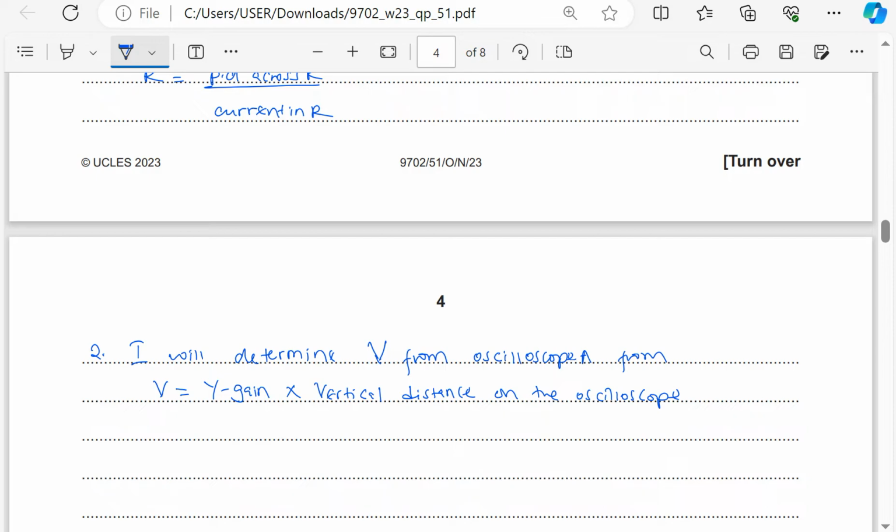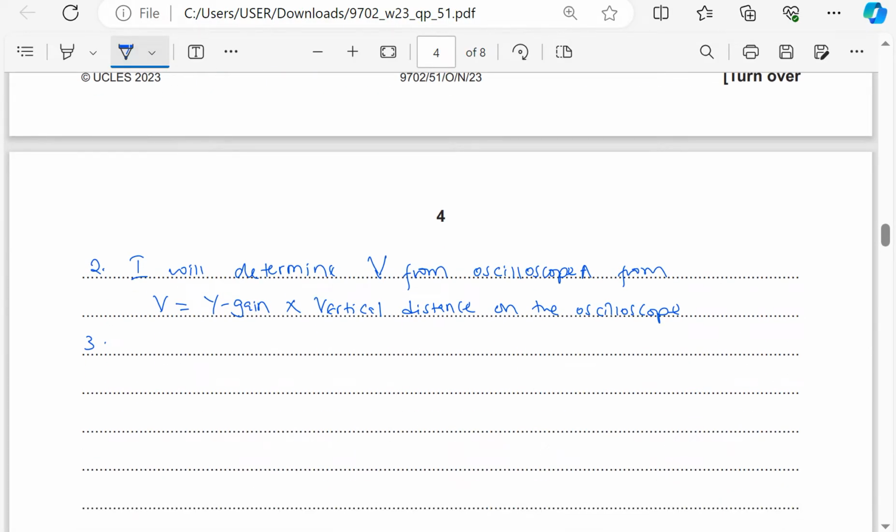Having determined V, remember V should remain constant throughout the experiment. Then step number three, I will also determine F. I'm determining F from the same oscilloscope, from A.